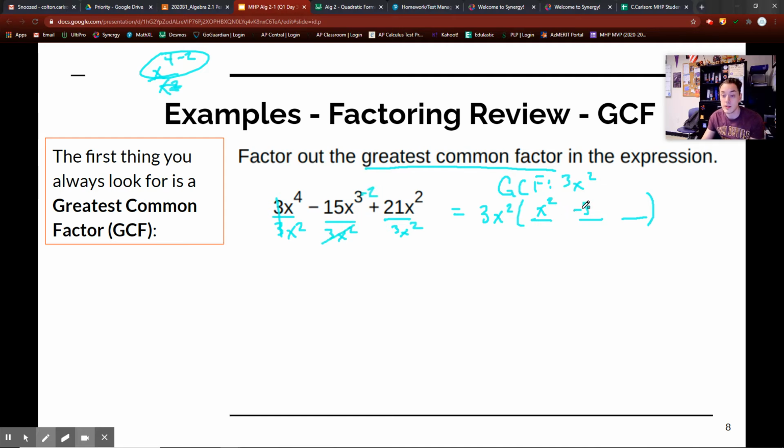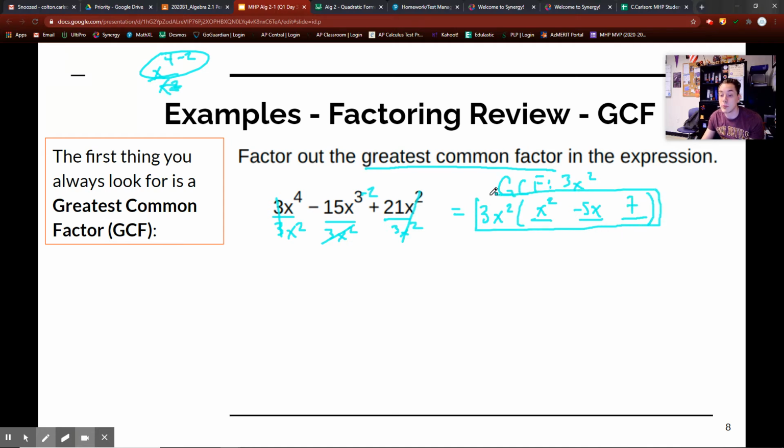So that's going to be 1. So that's just going to be x. Okay, because 3 minus 2 is 1. And I don't write the exponent 1 here. It's just understood as 1. And of course, the x squareds go poofy here because x squared divided by x squared is 1. 21 divided by 3 is 7. So this right here is my final answer.